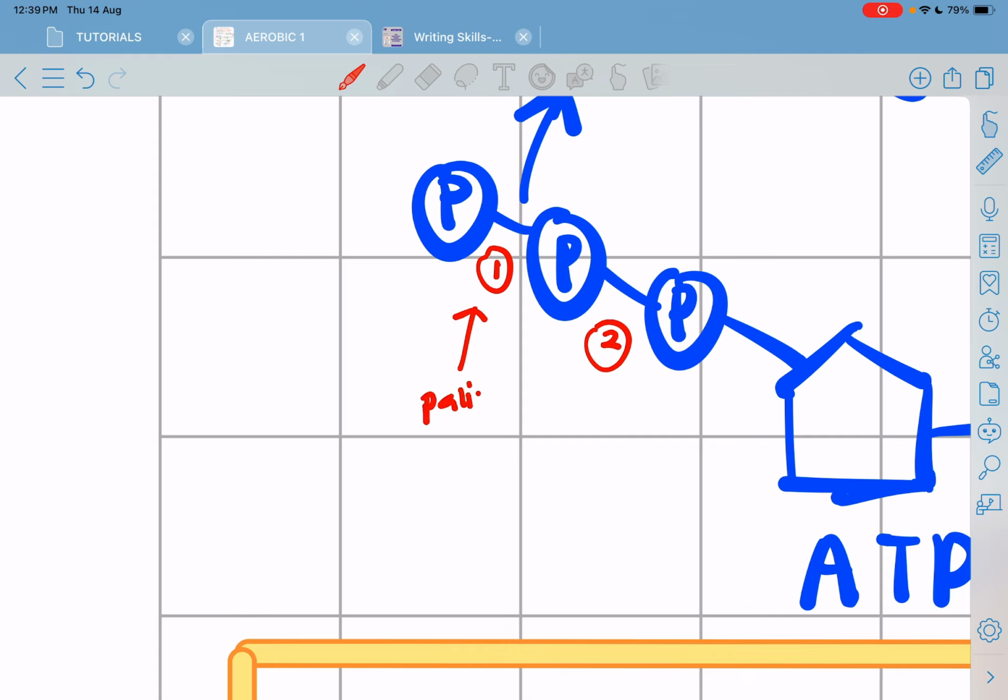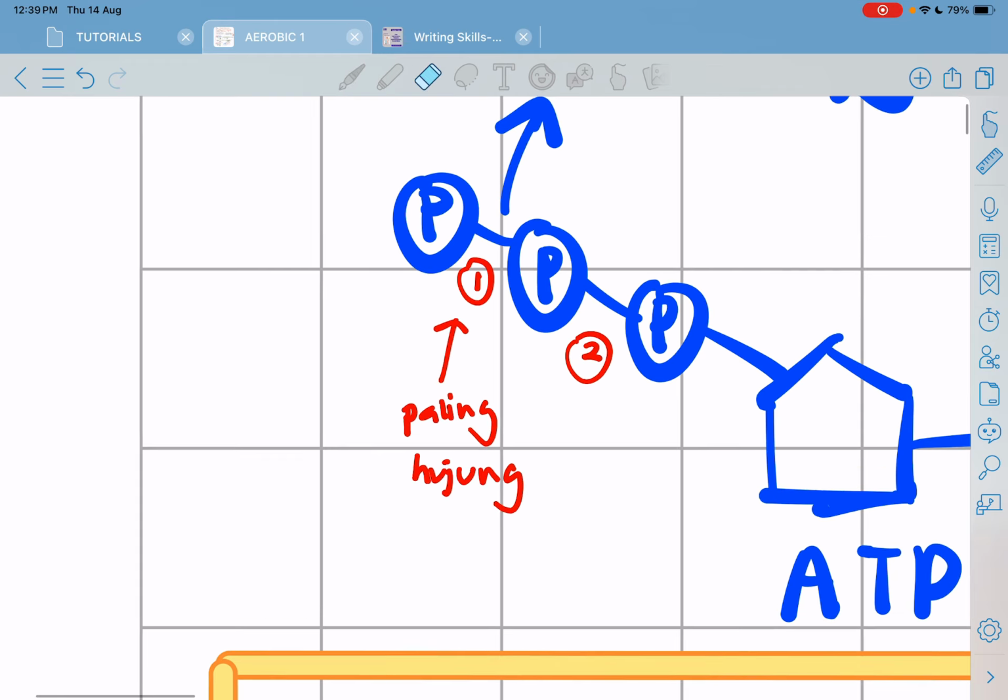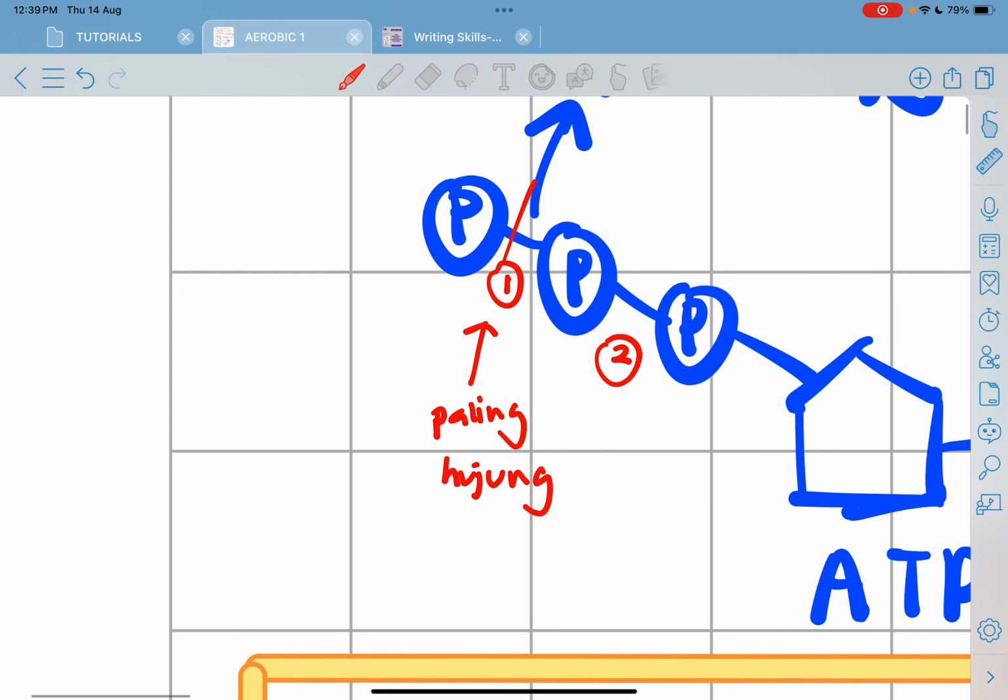I don't remember the English word. Always the one at the very end. This one is always the highest energy. Okay. So if I cancel this one, and then we have 2 phosphate, then this one has the highest energy. Okay. Erase it back. It's so ugly.